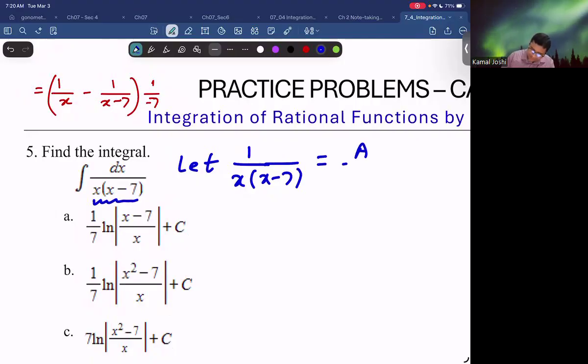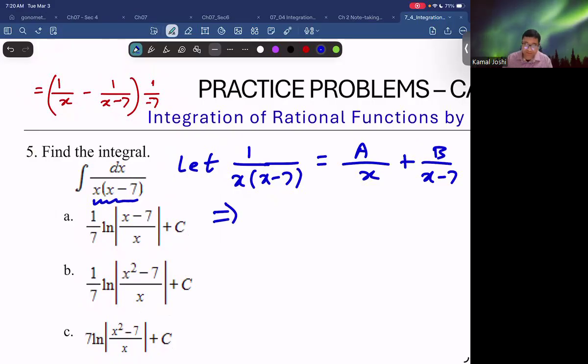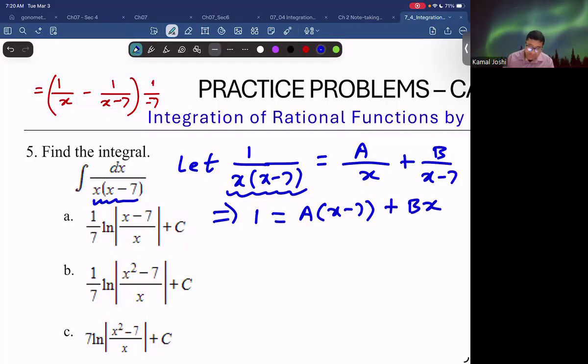Equals a over x plus b over x minus 7. So when you multiply both sides by this whole denominator, x times (x minus 7), you will get 1 equals (x minus 7) surviving with a, and x surviving with b.